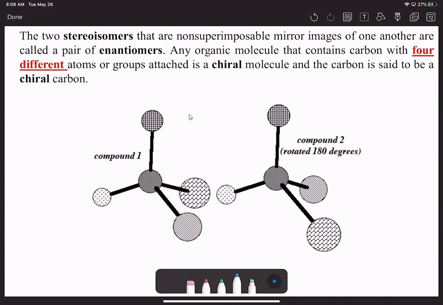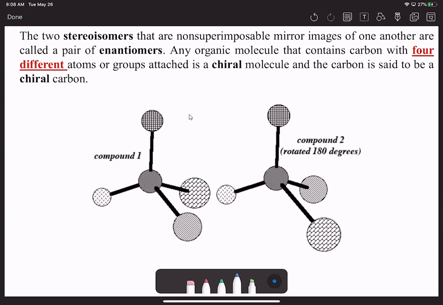And these are what we consider non-superimposable mirror images. If you were to stand in front of a mirror and you put your right hand towards that mirror, it looks like your left hand. If you put your left hand up in the mirror, it looks like your right hand, and they look identical. But you cannot superimpose mirror images that are stereoisomers.